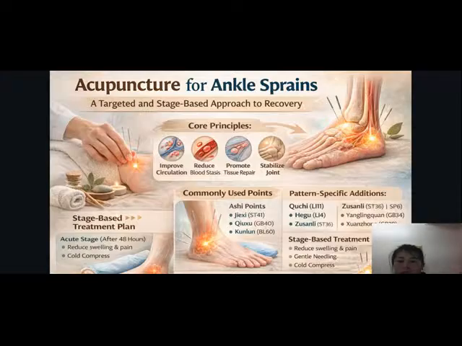When combined with proper rehabilitation and protective care, acupuncture helps restore ankle flexibility and reduce the risk of future sprains.